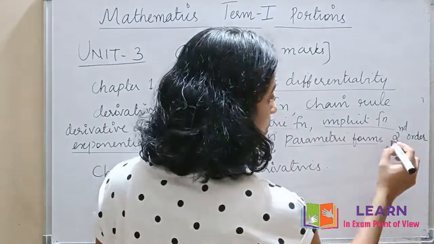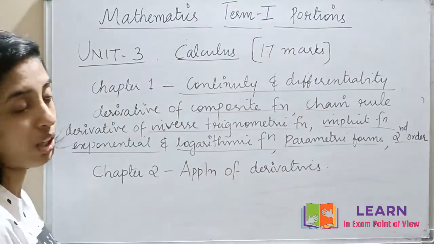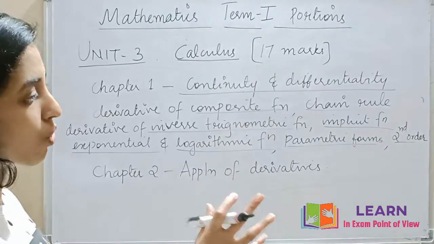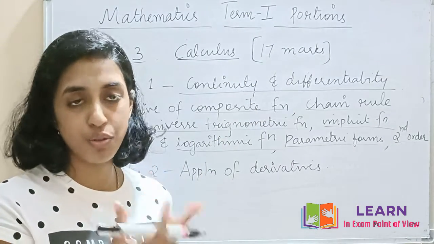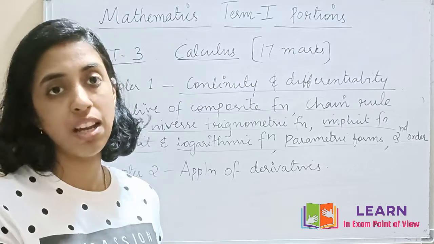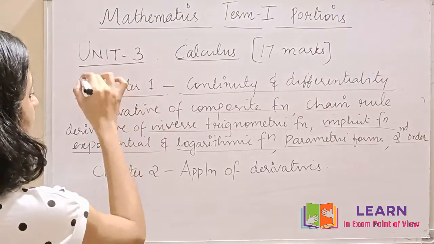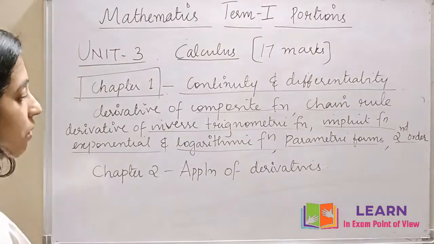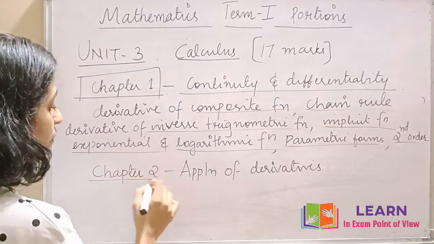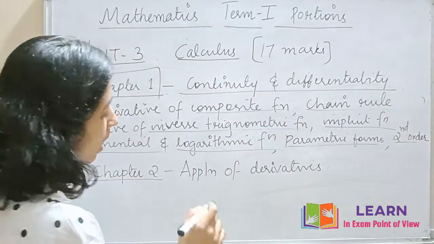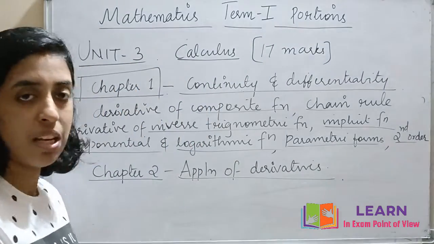That is very important. Then second order derivative. These many things you should know for differentiation. If you study all these things, then chapter 1, continuity and differentiability, will be easy. Once it is fine, then application of derivatives is easy.